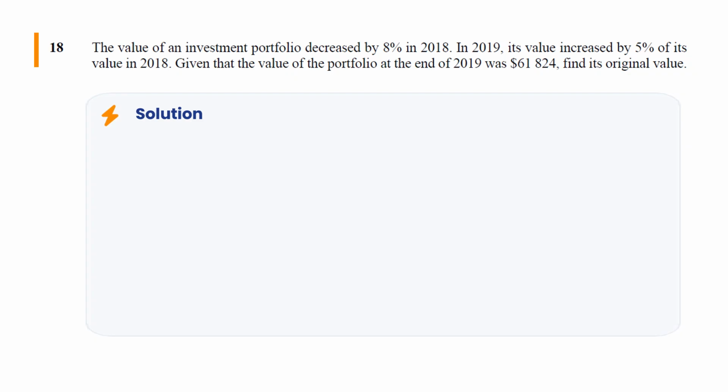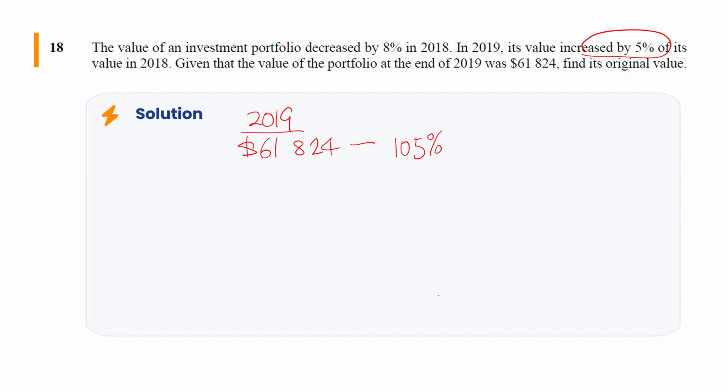So what we are saying is, in 2019, this value, 61,824, actually represents 105%, because it's the increase of 5%. You're comparing 2019 with 2018.